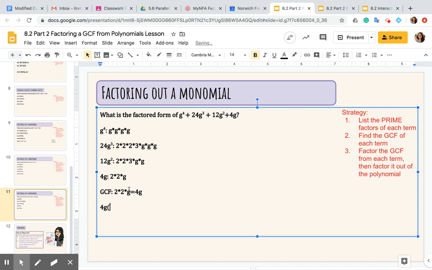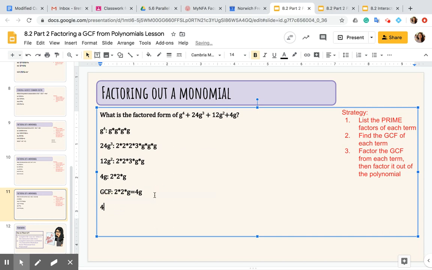I take the 4g and I stick it on the outside of a set of parentheses. And then to get what's left, I simply, wait a second. Oh, I messed up. I forgot about this term up here. Ooh, that's not good. Okay, so that's not my GCF. That's okay. This shows what you do when you start messing up.